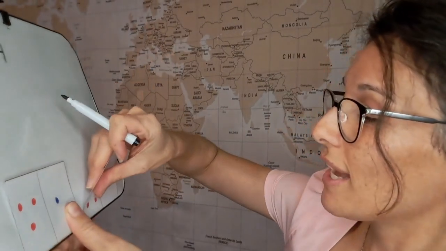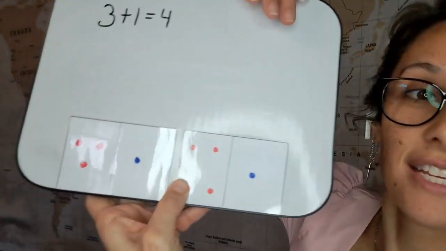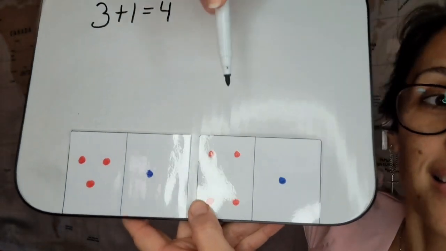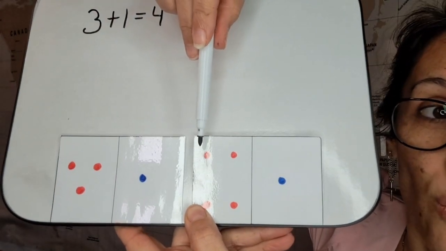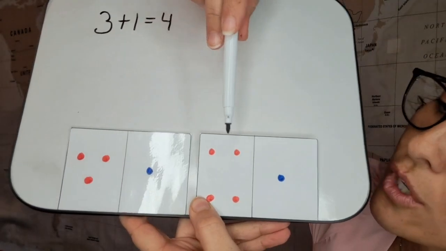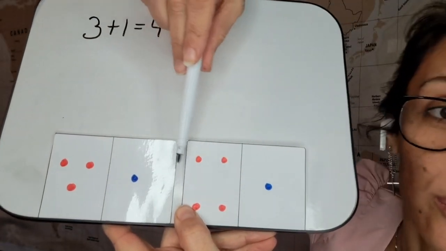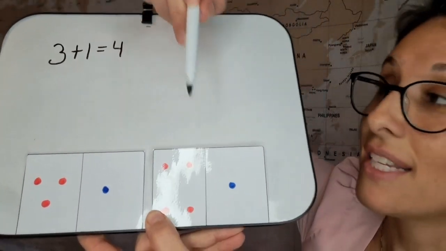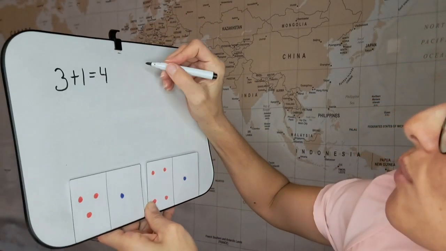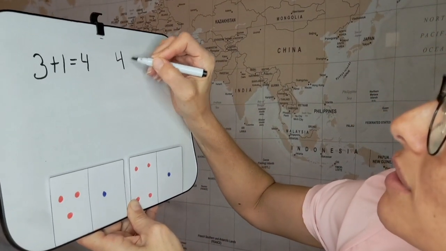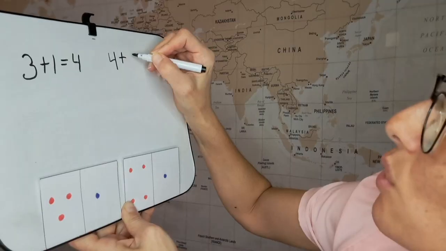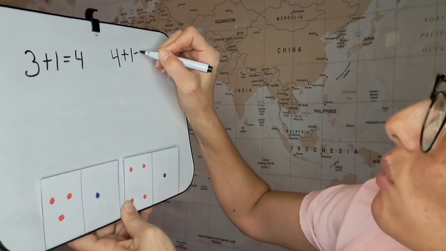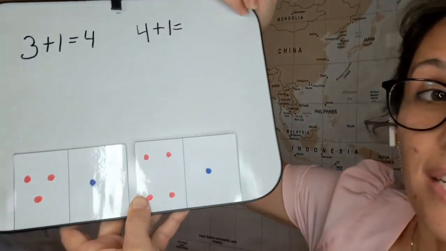Now I'm going to add one more card we're going to look at today, and that is this one. Let's count these red dots. 1, 2, 3, 4. 4 red dots plus how many blue ones? 1. So let's write that down. 4 plus 1 blue dot equals, how many does it equal?